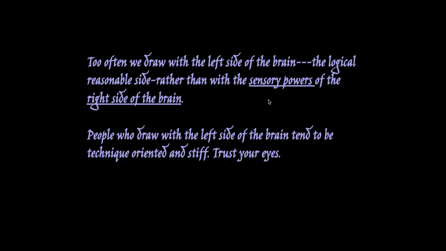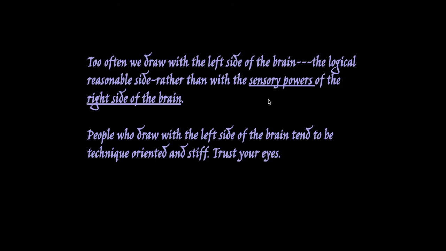The left side of the brain is what you mostly use every day to solve problems, right? If you're talking about math, even reading, typical tasks of people who are very rational, very logical, that's all going to be on the left side of your brain.